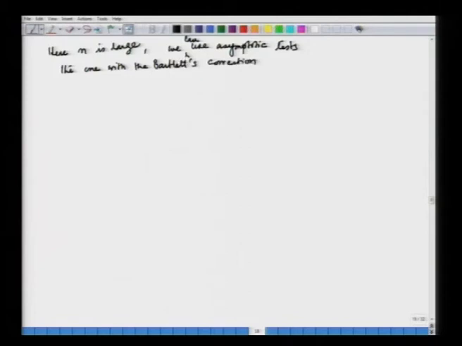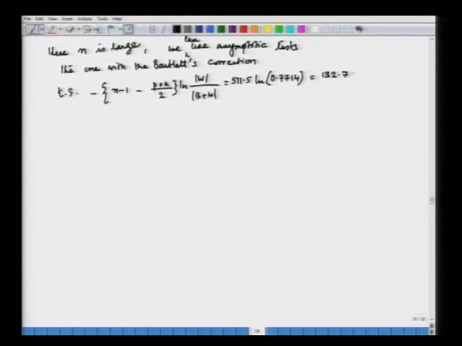The test statistic is minus of n minus 1 minus (p plus k) by 2, times log of determinant W by determinant B plus W. In this situation the constant term is 511.5, with log of 0.7714, and this has the value 132.76.